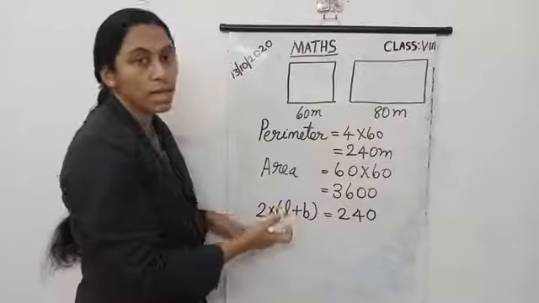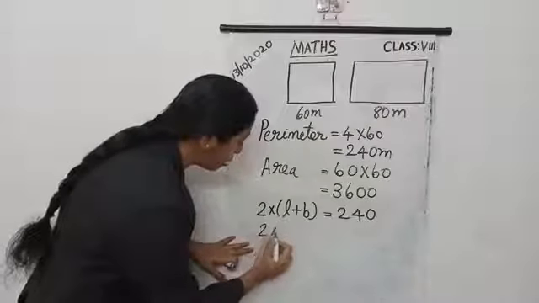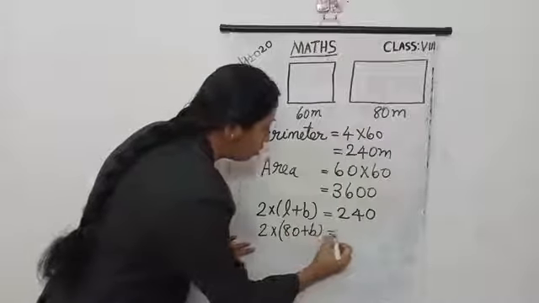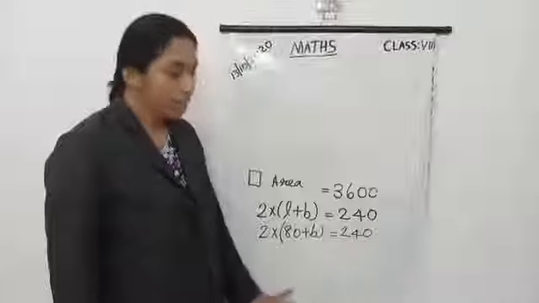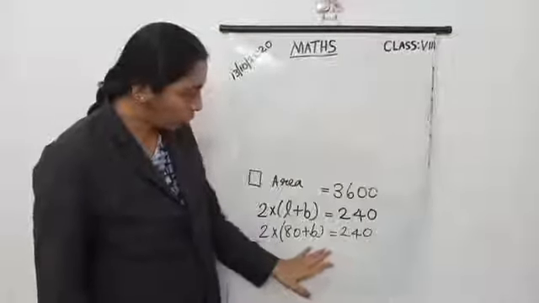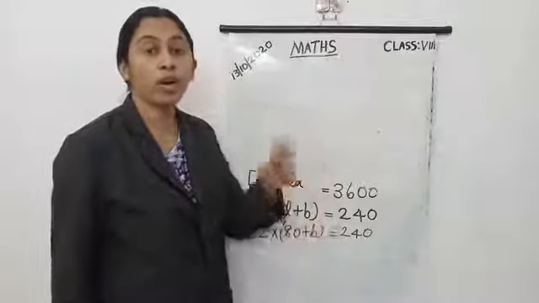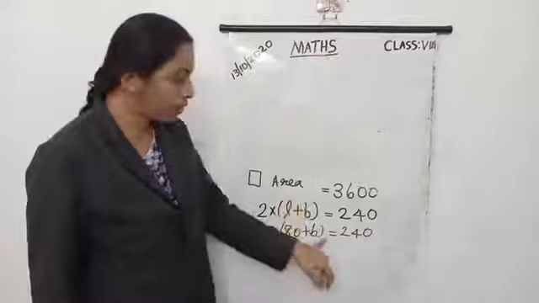So substitute that value in this equation: 2 into (80 plus B) equal to 240. Now look here, this is in the form of a linear equation in one variable. In chapter 2 we already learned how to solve a linear equation with one variable.